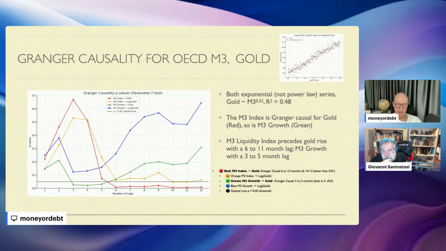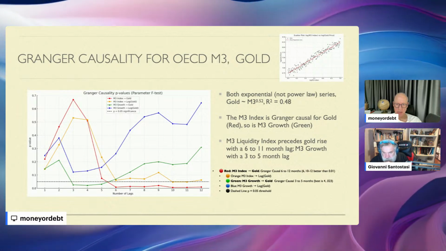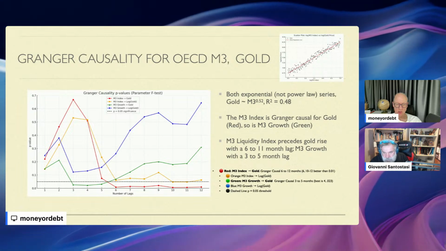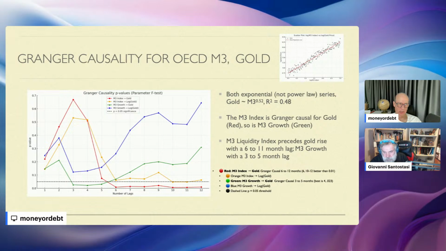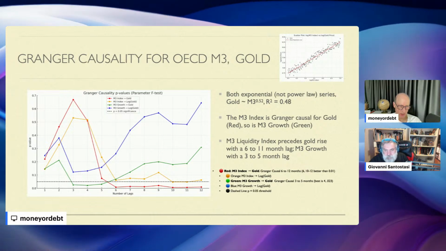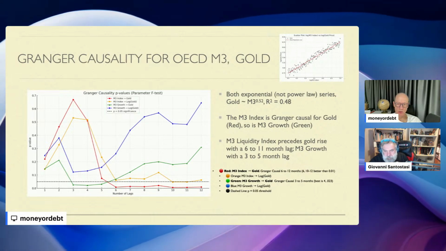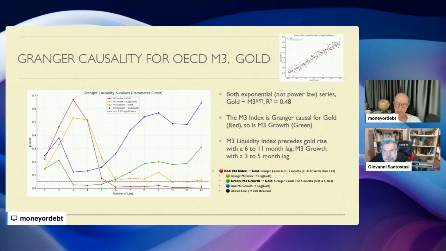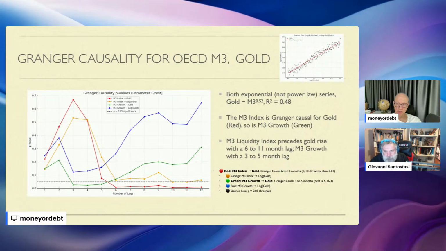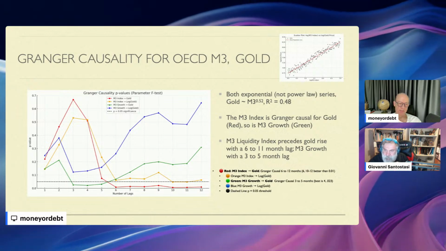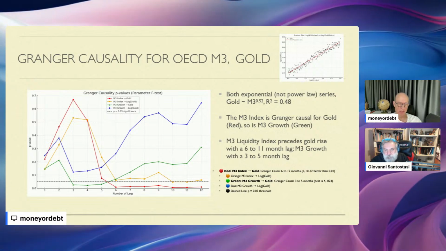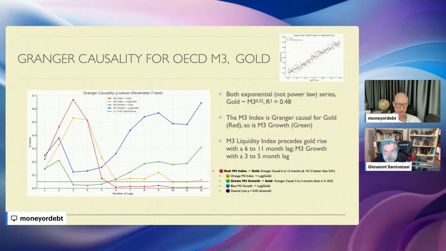The green line is M3 growth to gold, and that's interesting. Growth has a quicker effect because the growth is changing more rapidly than the long-term trend, right? You're seeing bumps in the M3 growth. So it seems to lag by about 4 months, or the M3 leads by about 4 months.